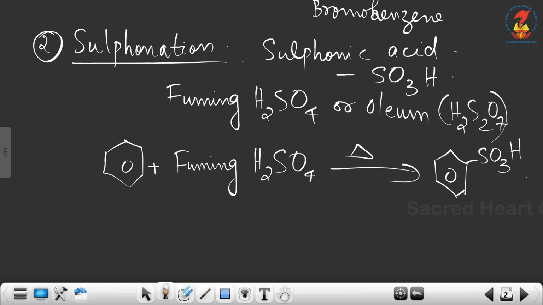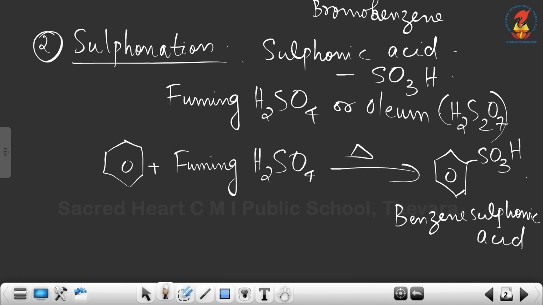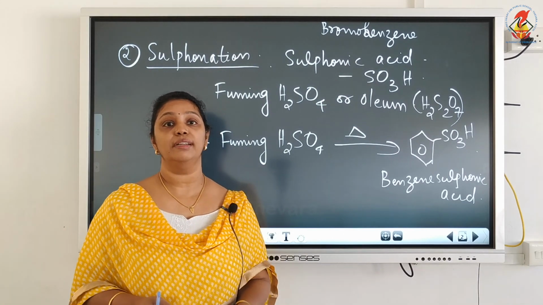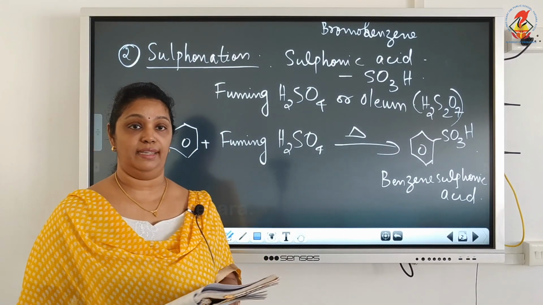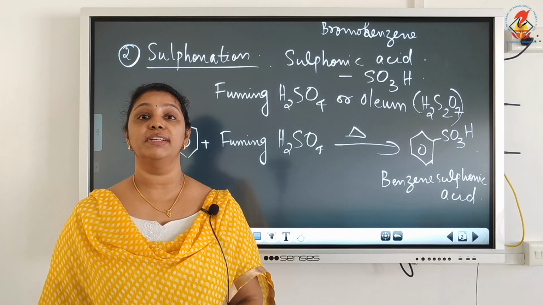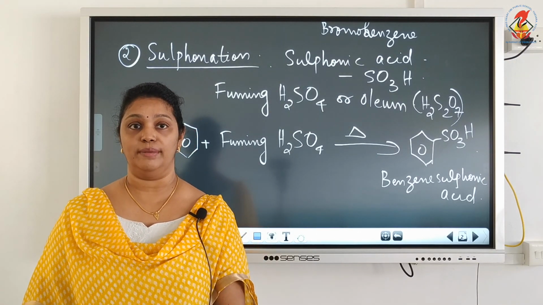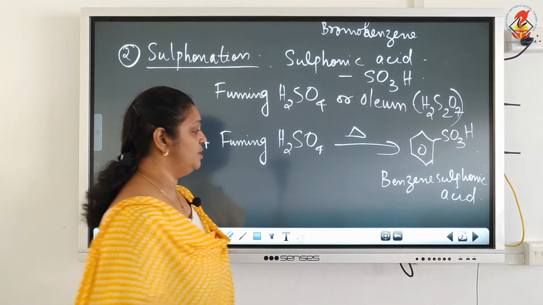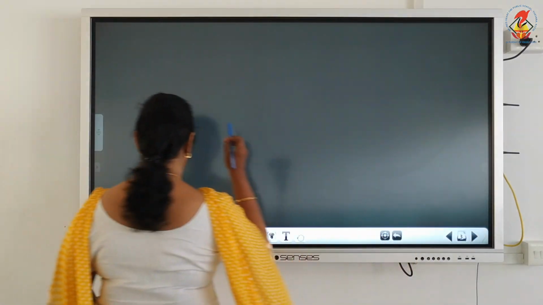The name of this compound is benzene sulfonic acid. So that is the product formed on sulfonation of benzene. So this is our second electrophilic substitution reaction. Now the third electrophilic substitution reaction is nitration.